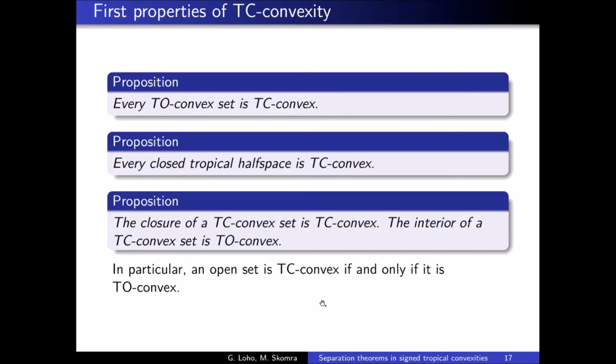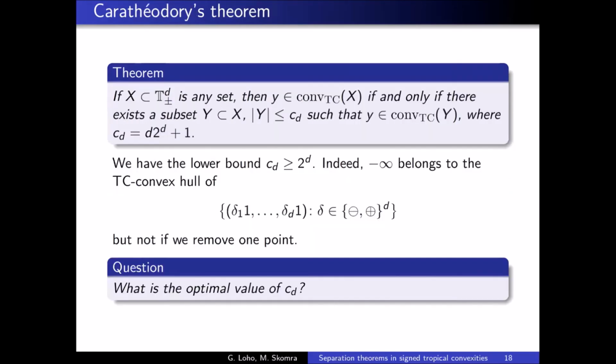For more advanced properties, let me present the Carathéodory theorem that we were also able to show. The Carathéodory theorem says, similarly to the standard theorem, that if you have any kind of set, then a point belongs to the TC-convex hull of this set if and only if there exists some finite subset such that this point already belongs to the TC-convex hull of this finite subset of X, and the cardinality of this finite subset only depends on the dimension.